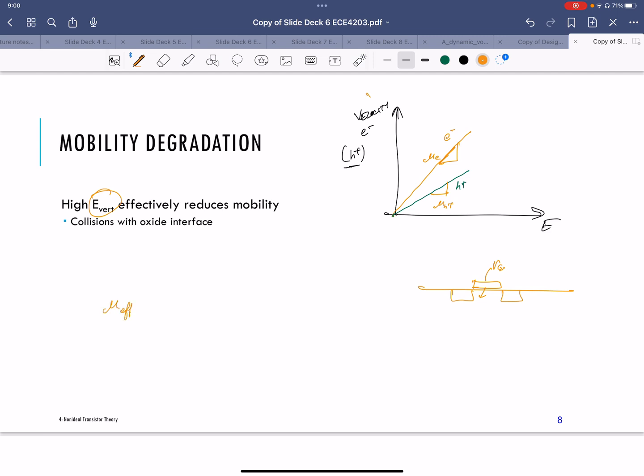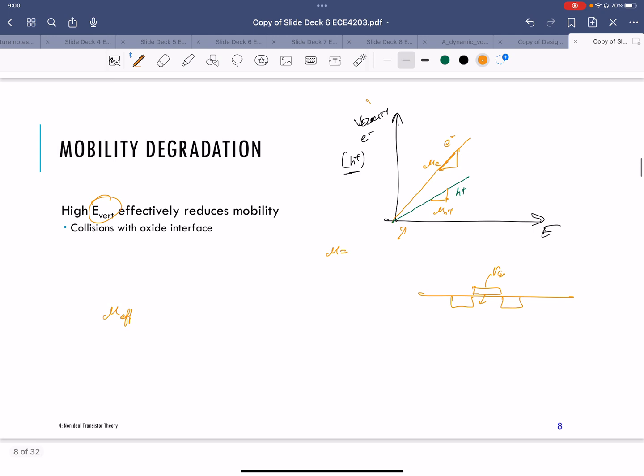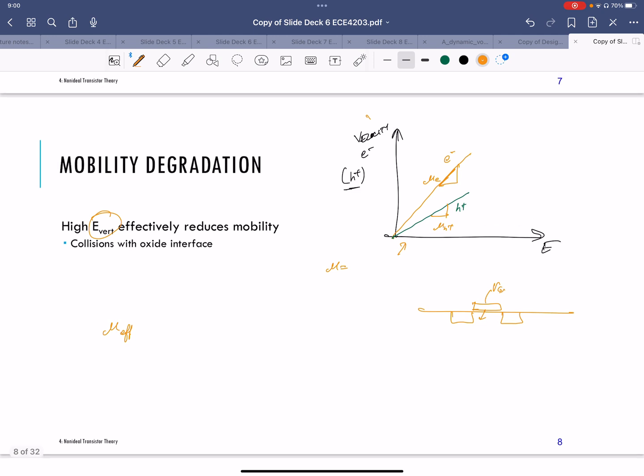Basically, you end up in a situation where you end up with an effective mobility. So the equation for this behavior: velocity is mobility times the electric field, so mobility would be velocity over the electric field.